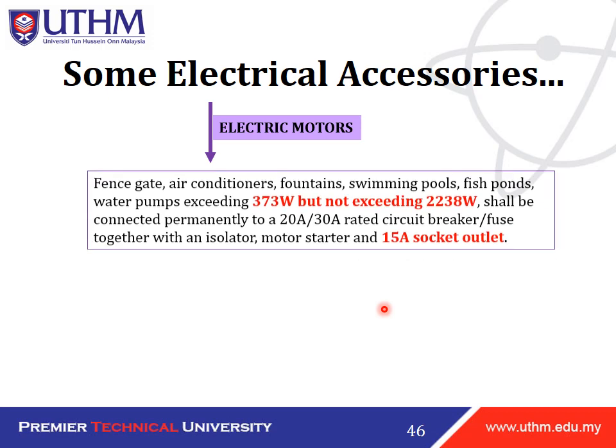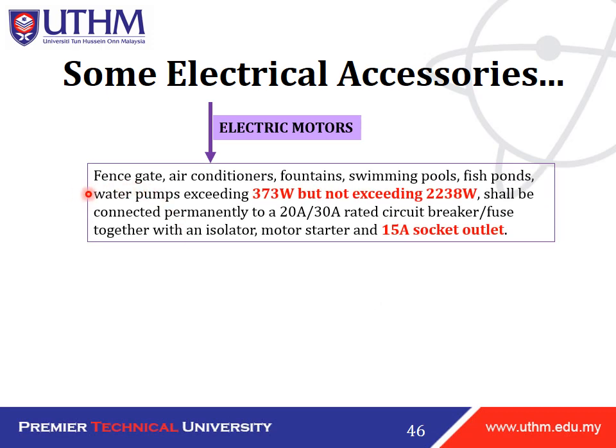And then we also have electric motors, which are usually connected to the fence gate, air conditioners, fountains, swimming pools, fish ponds, and water pumps. Those exceeding 373 watt but not exceeding 2238 watt shall be connected permanently to a 20 amp or 30 amp rated circuit breaker or fuse together with an isolator, motor starter and 15 amp socket outlet.